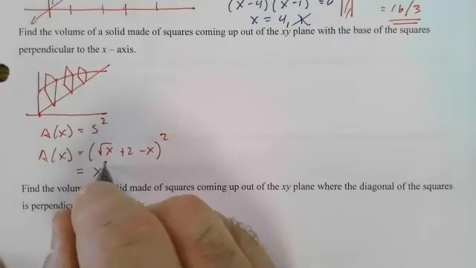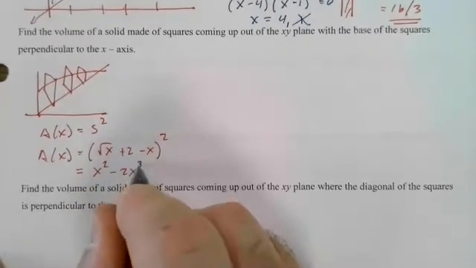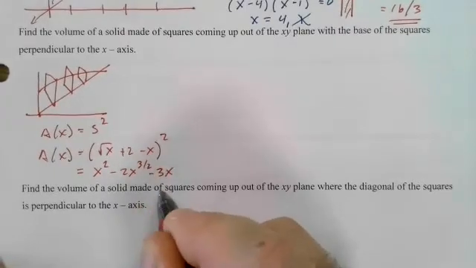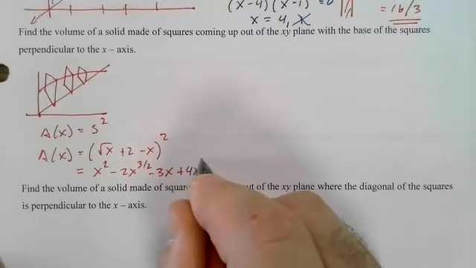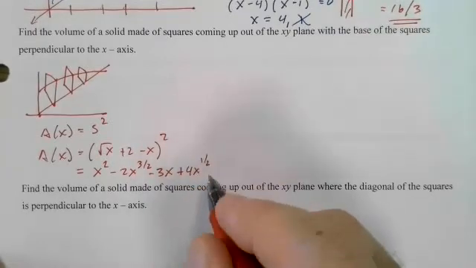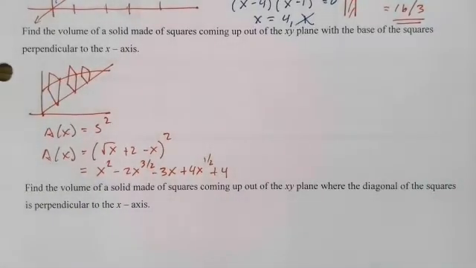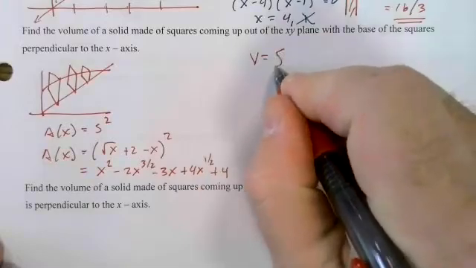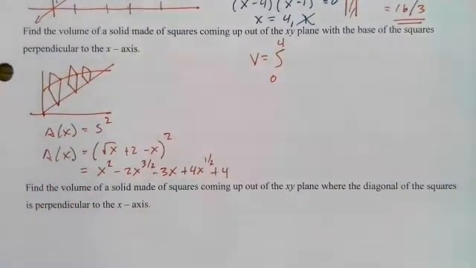I get x squared minus 2x to the 3 halves minus 3x plus 4x to the 1 half plus 4. If you don't believe me, go ahead and FOIL it out. Actually, you should on your own anyway. So here we go. Volume is just the integral, still in the x plane, from 0 to 4. This whole mess.